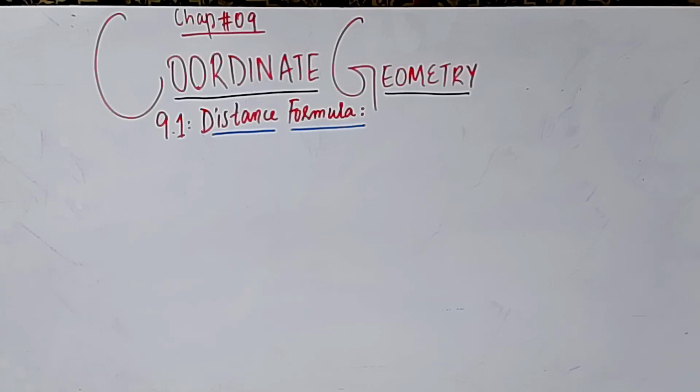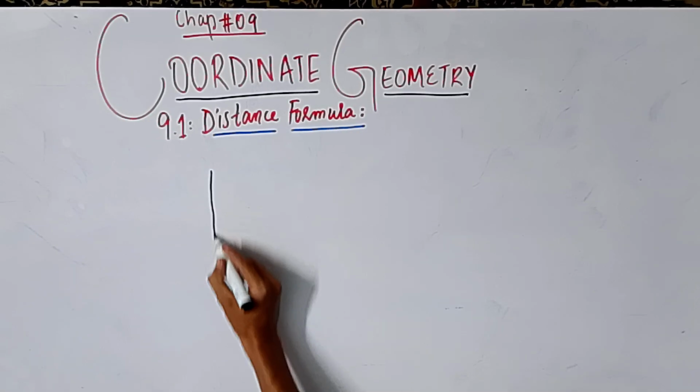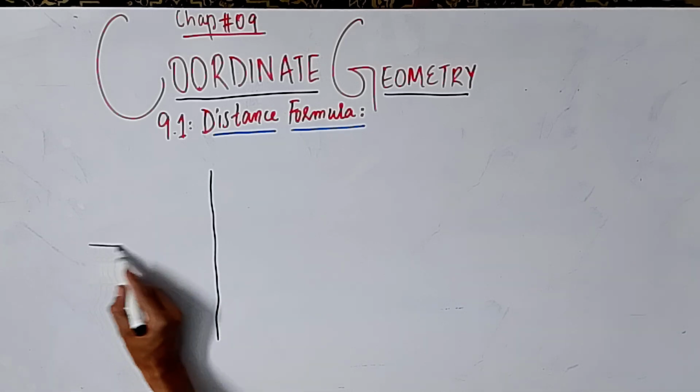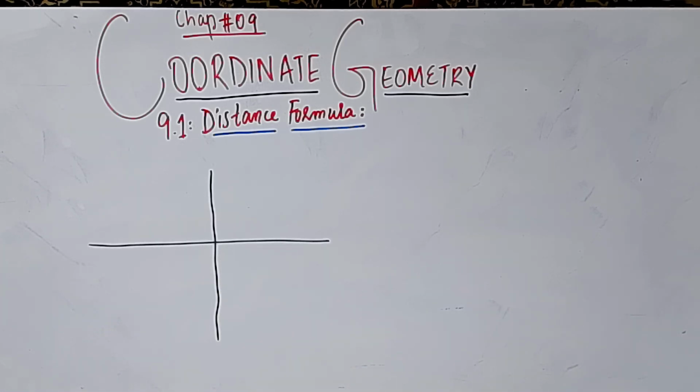So our topic number 1 is actually distance formula, but before doing distance formula, we will understand what is meant by coordinate geometry. As you already know, coordinates mean points on the graph. So we have a graph, let's say, y-axis and x-axis.